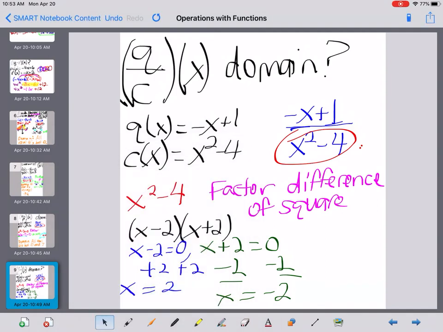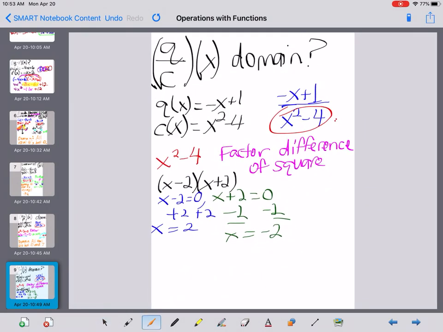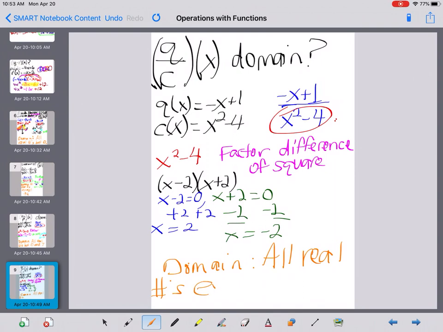So your domain on this one, so my domain on this one would be all real numbers except 2 and negative 2. And that's really all we can do on that.